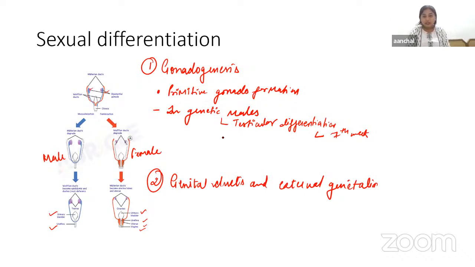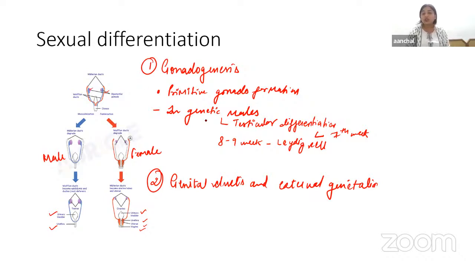Now in the 8th to 9th week, what will happen? There will be appearance of Leydig cells, and proliferation will occur rapidly in the interstitial spaces between the seminiferous tubules until the 14th week.